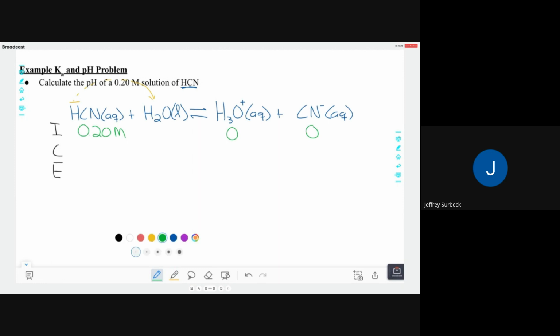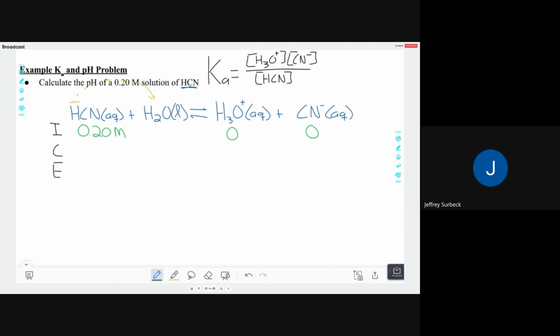Just like any equilibrium, I always like to start out by writing out the K. So remember, it's Ka for an acid. Products are going to be H3O plus times our CN minus, all divided by HCN. Again, that's more or less the formula that we can utilize at the end.